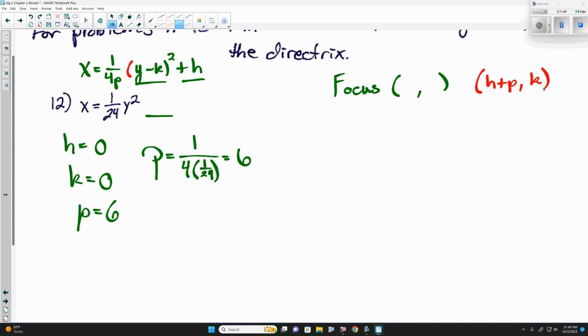Now we already know the k value is 0. But we need to determine what our h plus p value would be. h is 0 plus 6. h plus p would be 0 plus 6, which gives us a value of 6. So for this problem here, the focus is the point 6, 0.